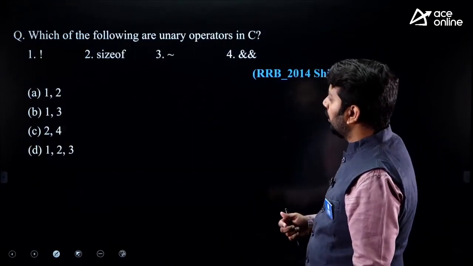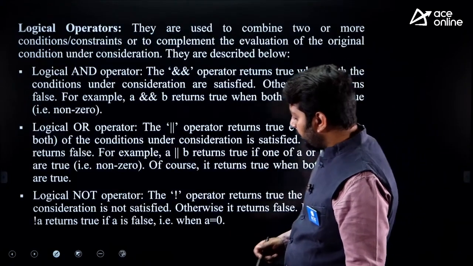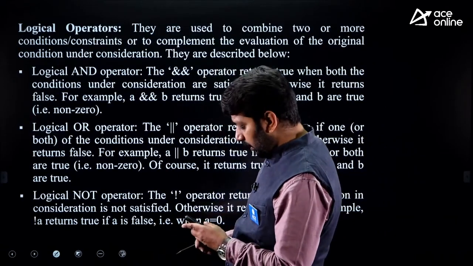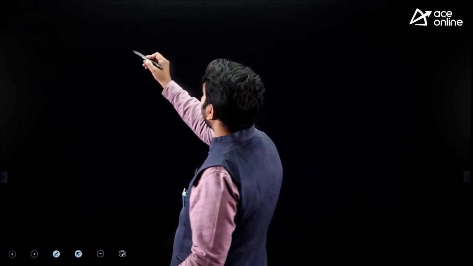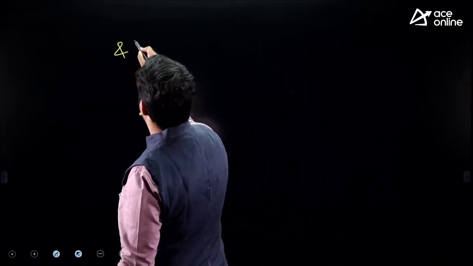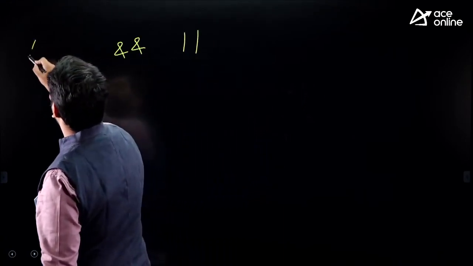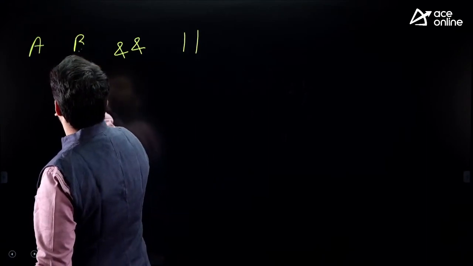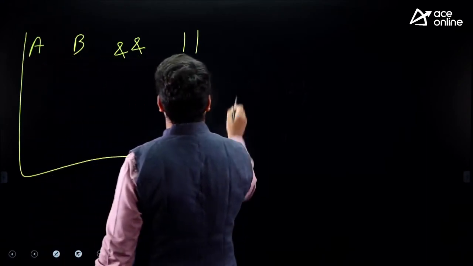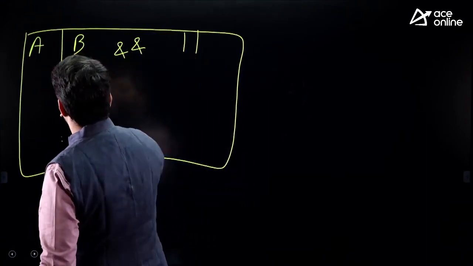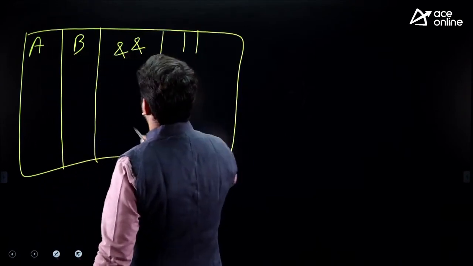Fine. So let me show you one thing first. So that is the AND operator, that is the OR operator. Let's see what kind of output we can get if we have two operands. So what can we expect from it?